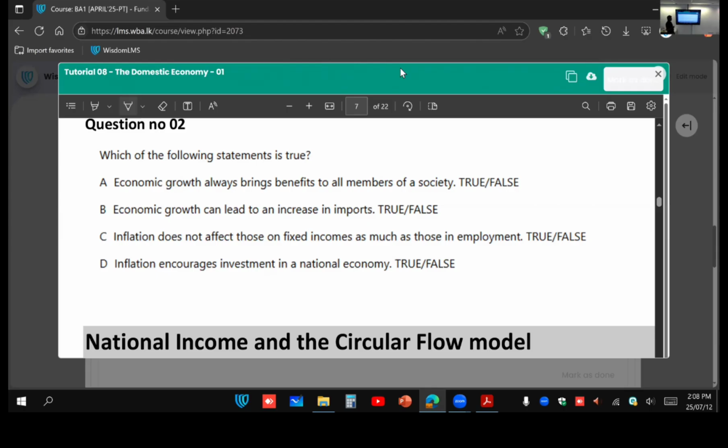First sentence: economic growth always brings benefits to all members of a society. True or false?